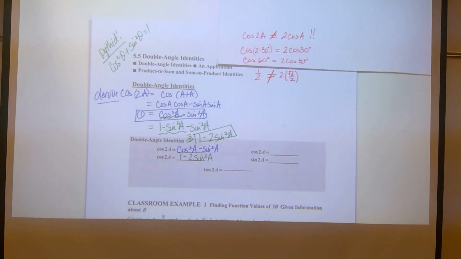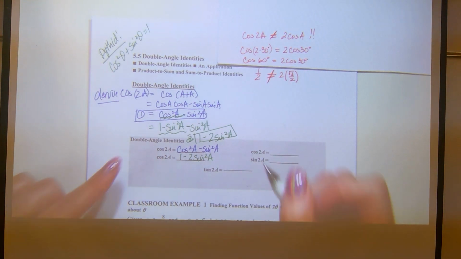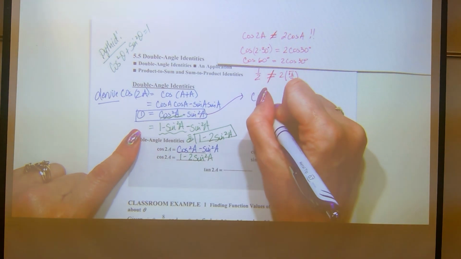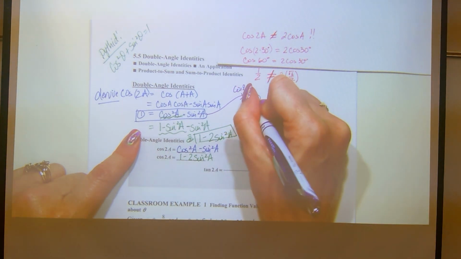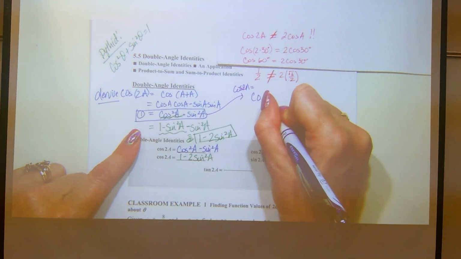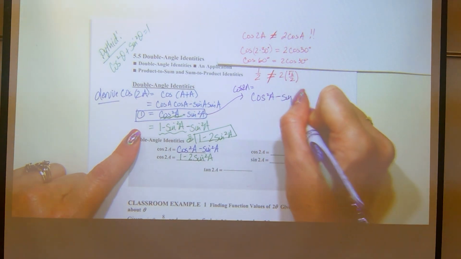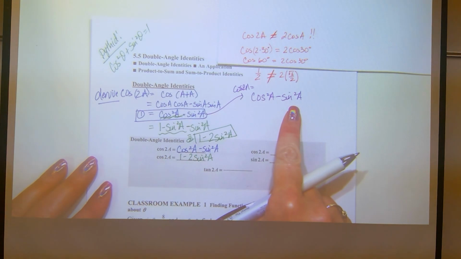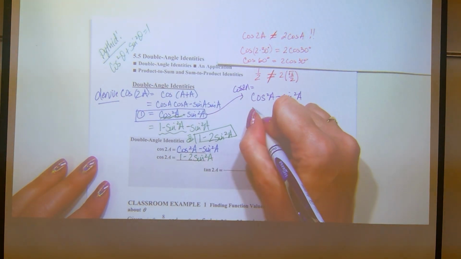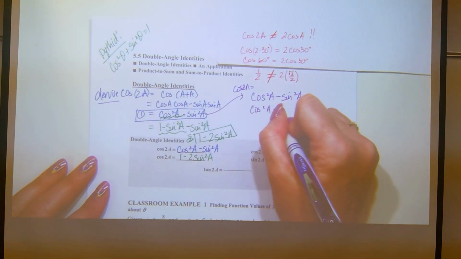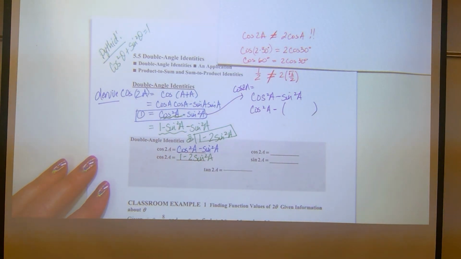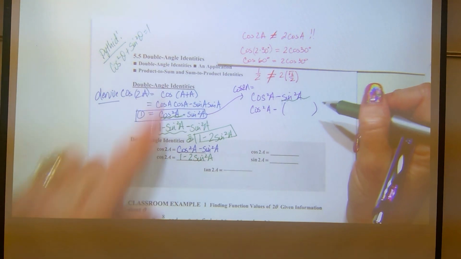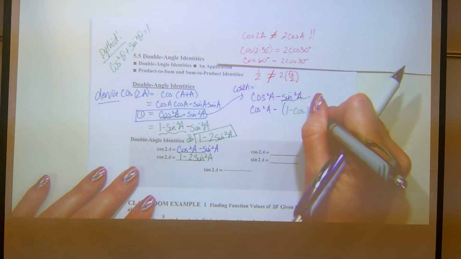But there's one more. Instead of doing that substitution, let's pull this back up here and say my first double angle identity, cosine 2a, was cosine square a minus sine square a. I already substituted in for cosine square a. What if I substitute in for sine square a? Well, that would be cosine square a minus, and then instead of sine square a, I could use 1 minus cosine square a.